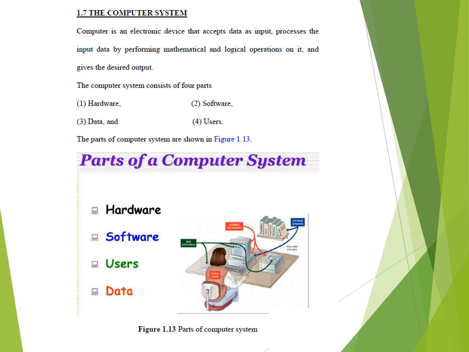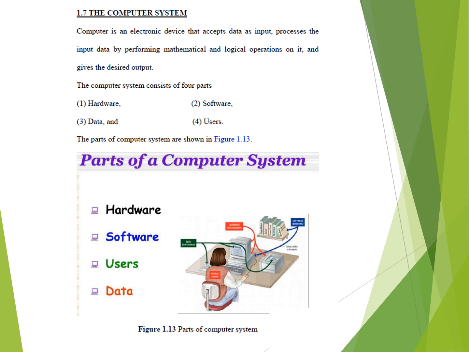The computer system. A computer is an electronic device that accepts data as input, processes the input data by performing mathematical and logical operations on it, and gives the desired output. The computer system consists of four parts.